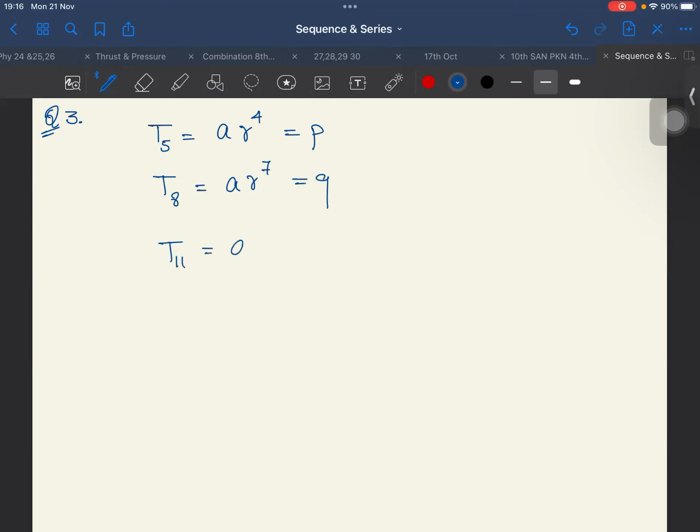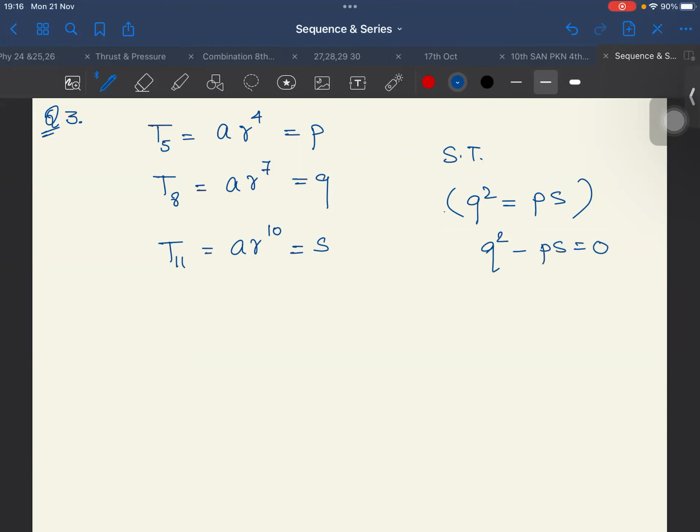T11, A R to the power of 10, is s. Now you have to show, that means prove, that q squared is equal to p s. Or you can prove q squared minus p s is equal to 0. Whatever you want, you can prove it.